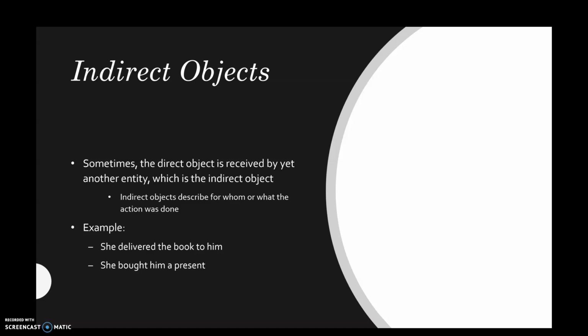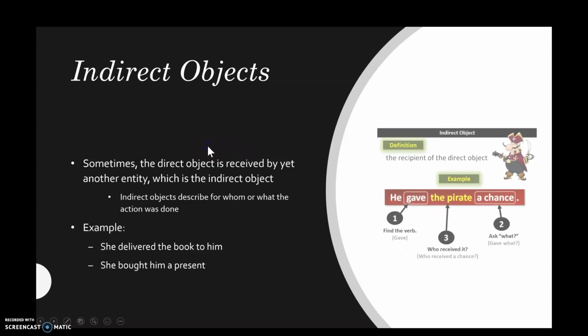Sometimes the indirect object and the direct object are reversed. She bought him a present. But you can still go through it. She did what? Bought. What did she buy? A present. Who did she buy it for? Him. If you ask those questions, it can help you to locate which word is the direct object and which word is the indirect object.